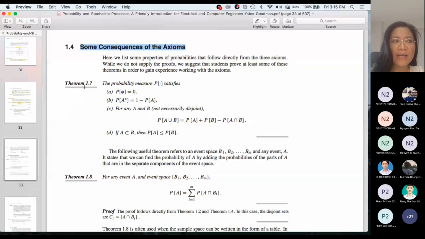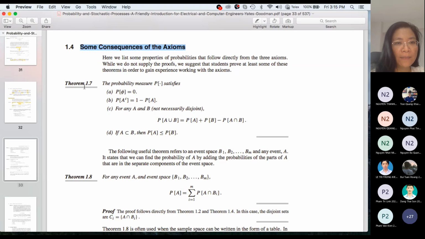We remember last week we studied the probability axiom definition. A probability is a map from the sample space to the interval 0 and 1.